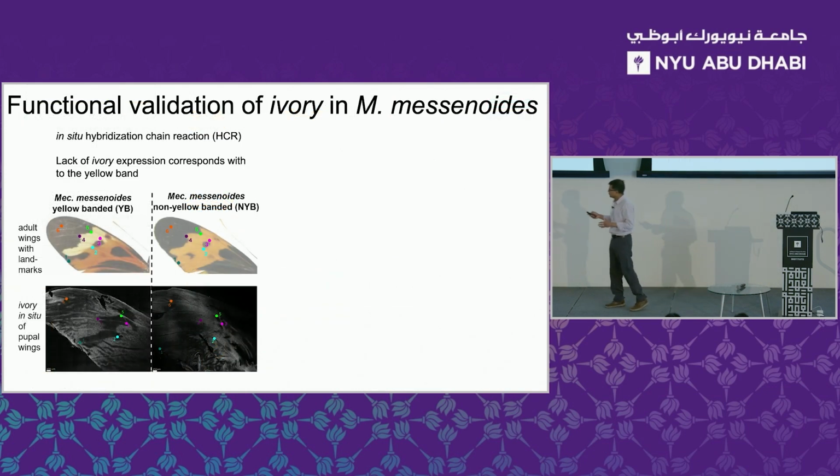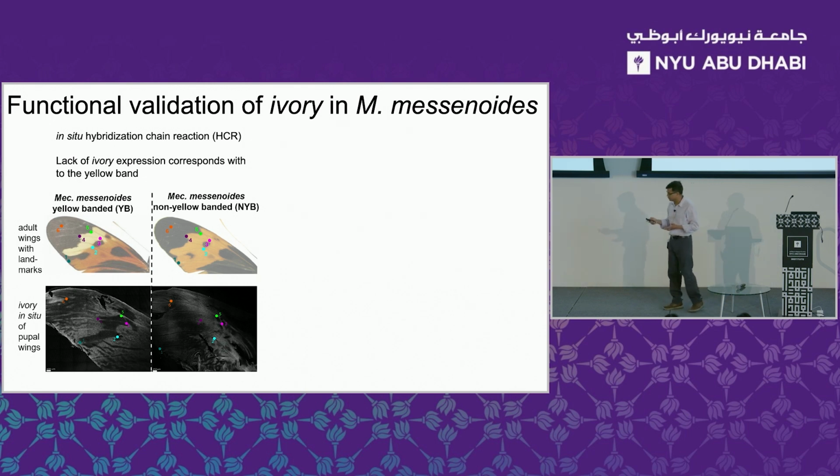So we've got a little bit of functional validation of this ivory gene. This is an in situ hybridization chain reaction showing you the spatial expression of ivory. This diagram is not particularly clear, but essentially in this form of this species, you get ivory expression across the whole of the developing wing disc, whereas in individuals that look like this, you can get a very clear band where there's no ivory expression, and that's corresponding very clearly to where the yellow band would be in the adults.